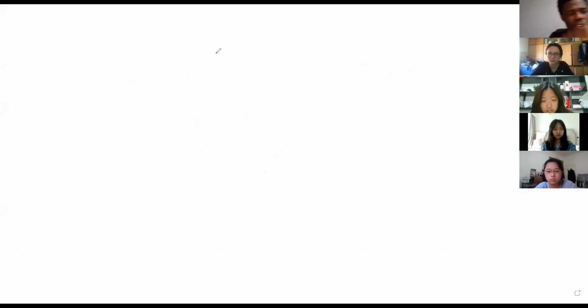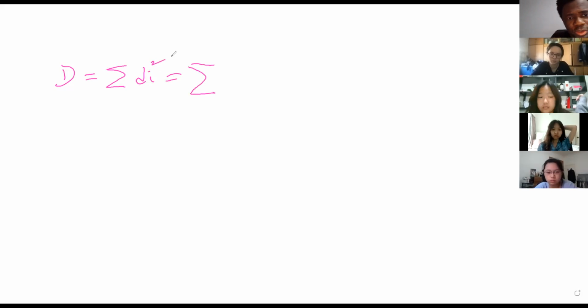So again, we're trying to find a and b such that this d, which is the summation of all the di's, is minimized, which is the summation of the distance between your y and your ax plus b. So that would be the summation. This is squared, of course. yi minus (axi plus b).